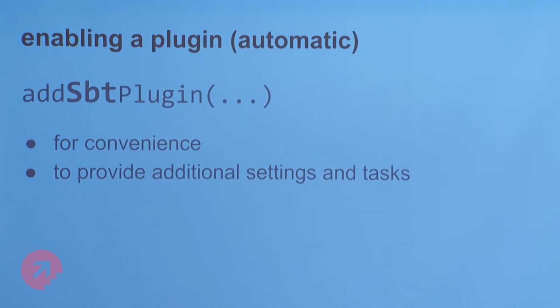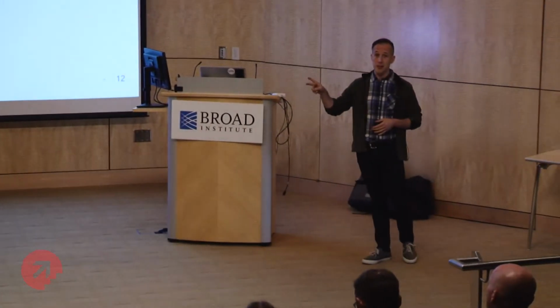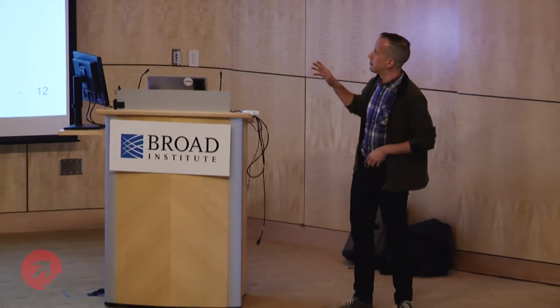One is that, as we'll see on the next two slides, the way you add a compiler plugin to your build directly is a little awkward. So the authors like to make it easier. But it's also common that if you have a compiler plugin, you also want some extra settings and tasks in your build to help you interact with it. So that's why this is so common.